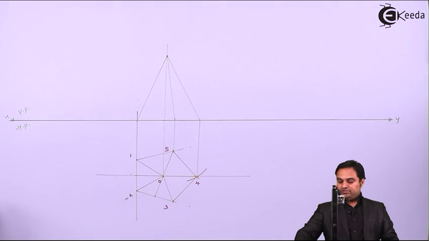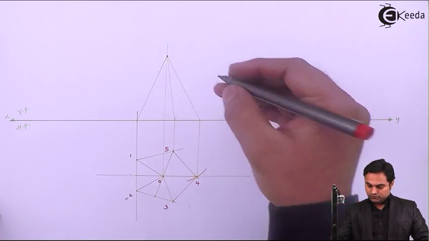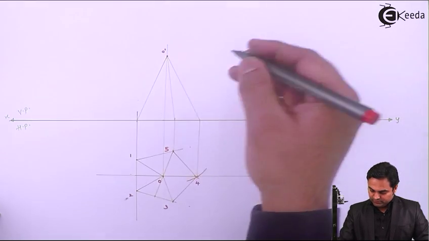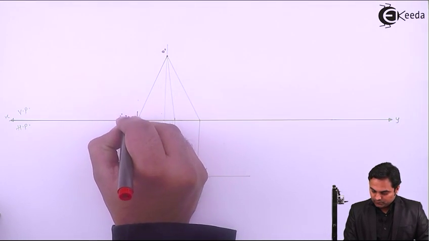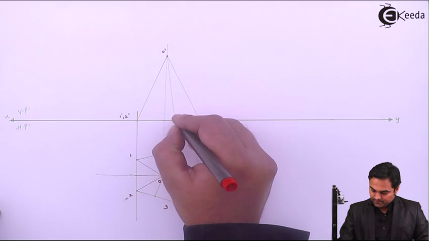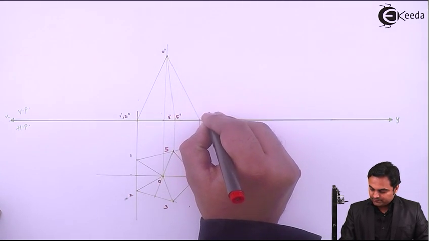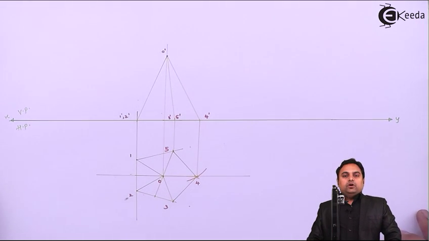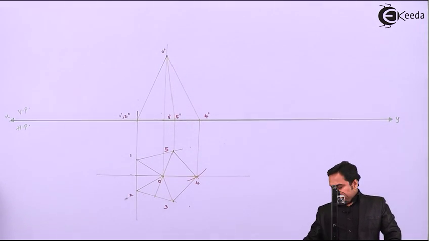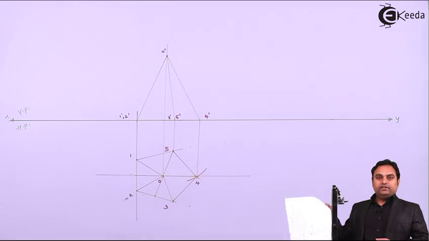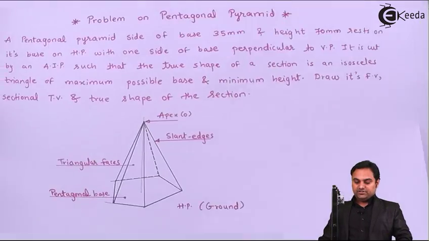Next, I'll give the notations in the front view. Here is the apex, O dash, 1 dash, 2 dash, 3 dash, 5 dash and 4 dash. Now after drawing it light, I'll read the condition, because I have to locate the cutting plane and see what kind of a section is there.